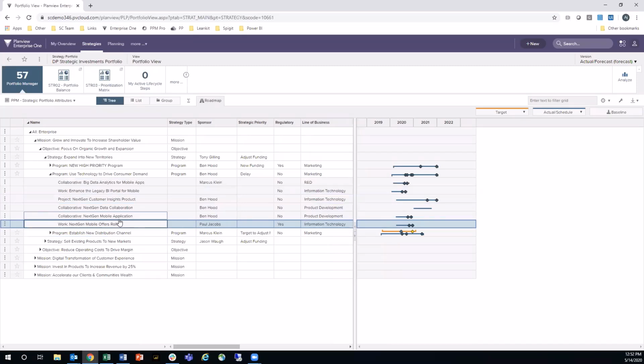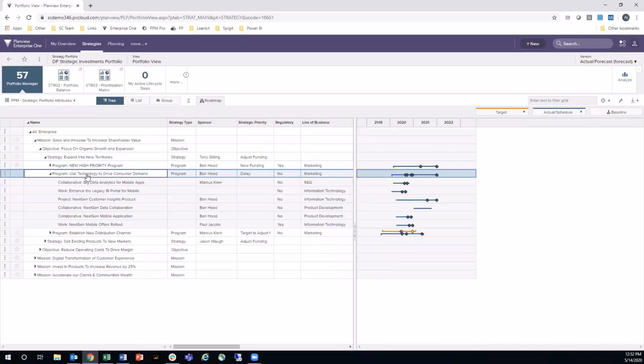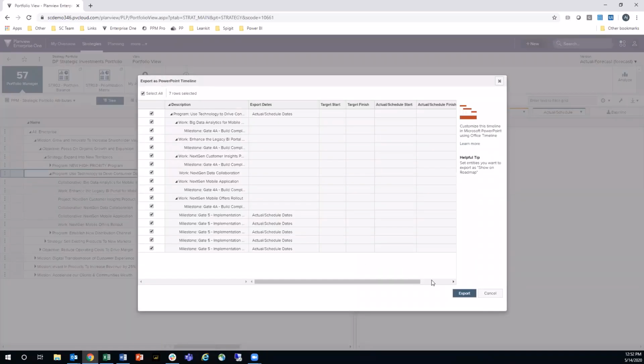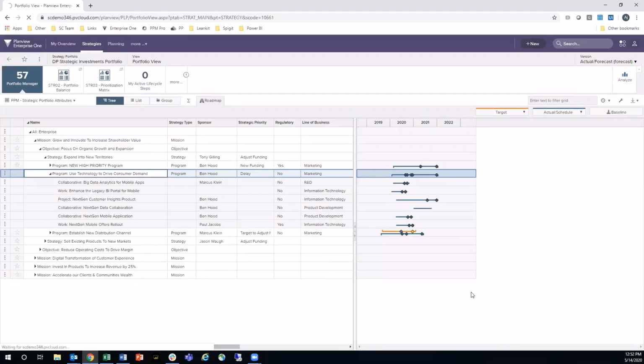So when you build that roadmap out for the next year and change your strategic direction, we can see all of the associated work, giving us real-time, instant visibility into everything that's going on. And throughout the solution, we give you the ability to drill down and drill in, as well as take this, and we're fully integrated with the Microsoft Office suite, to take this strategic plan and with one click, bring it into a PowerPoint timeline.